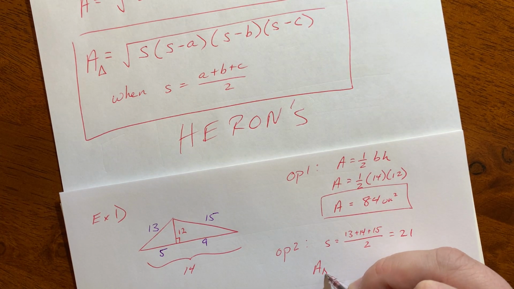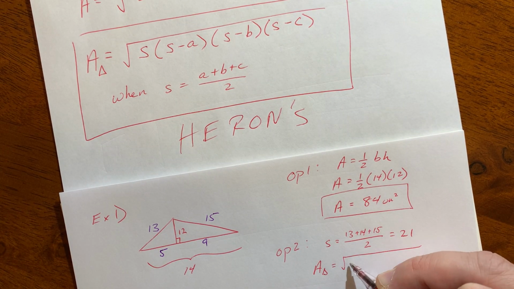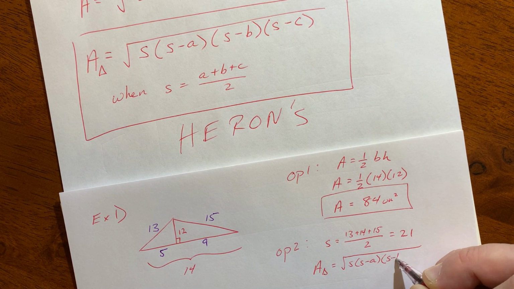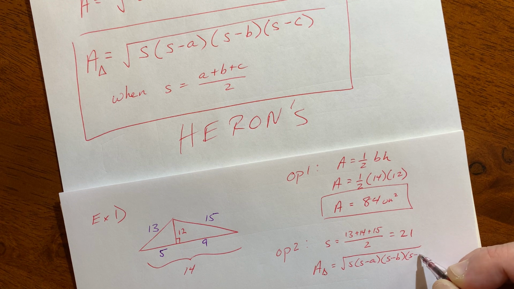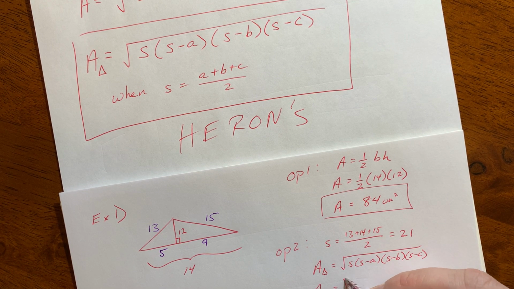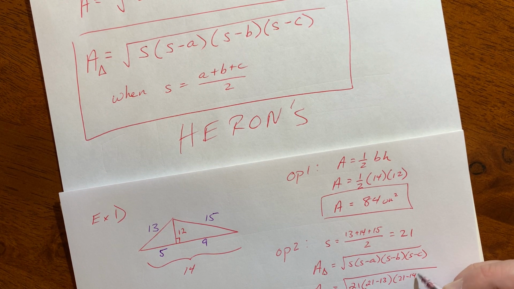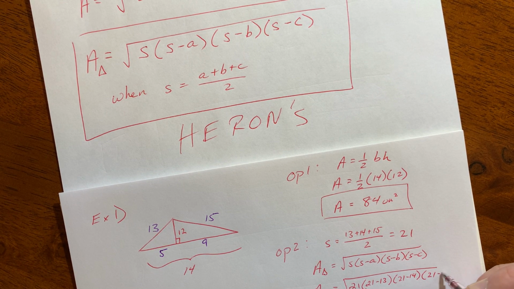So we also know that the area of a triangle can be described as the square root of the semi-perimeter times the semi-perimeter minus a times the semi-perimeter minus b times the semi-perimeter minus c. So the area of this triangle can also be described as the square root of 21 times (21 minus 13) times (21 minus 14) times (21 minus 15).